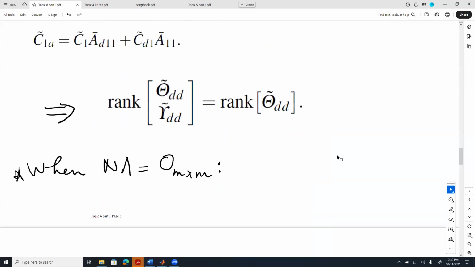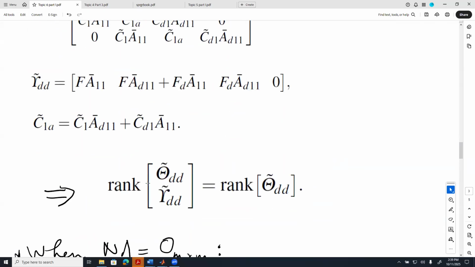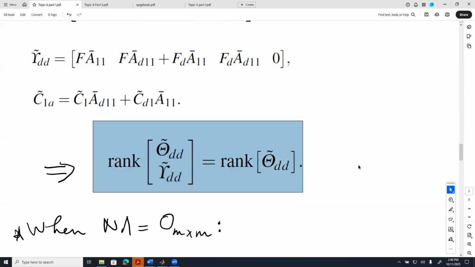And then we also have additional rows by augmenting with this matrix. So most of the time, when we have only a few functionals that we want to estimate and the number of output measurements is small, normally this condition does not satisfy, or might not satisfy, depending on the problem that we are looking at.